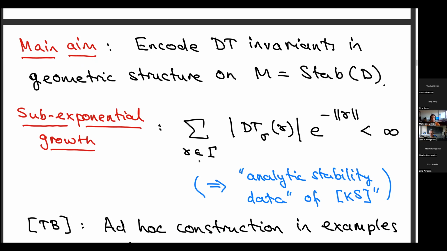And as far as I understand, I hope I'm correct, I'm sure Maxime and Jan will correct me, that this condition does imply their condition of analytic stability data, but the reverse implication is not true. So there is some more subtle notion of analytic stability data, some condition on these DT invariants, which has the brilliant property that if you can check it at one stability condition, then it holds automatically for all stability conditions in the same connected component.